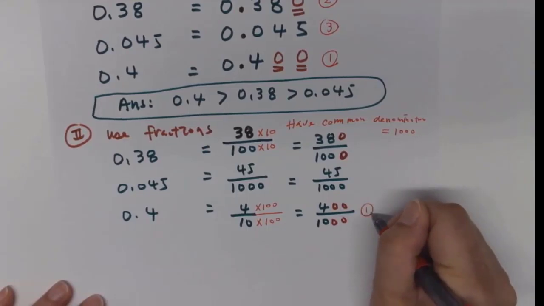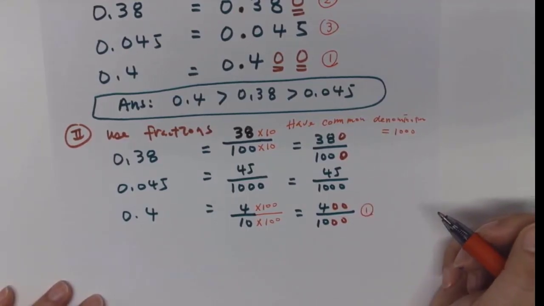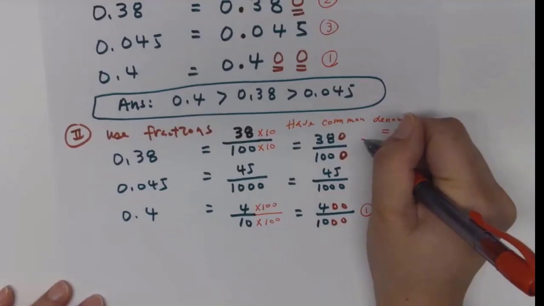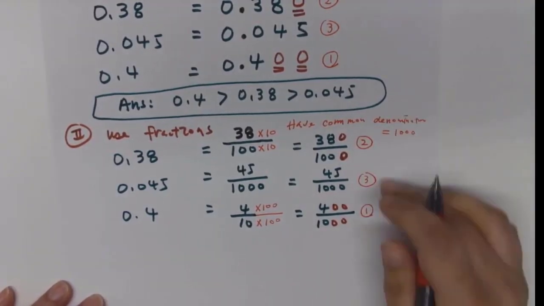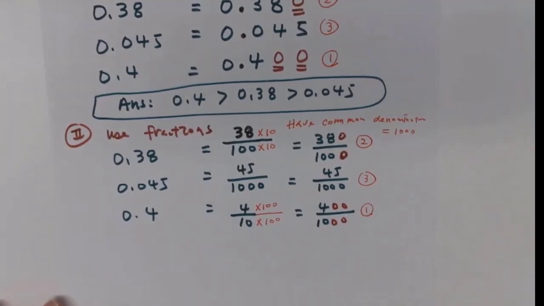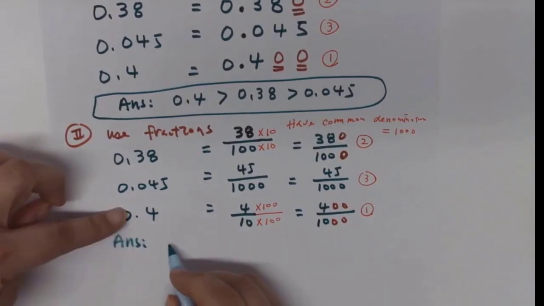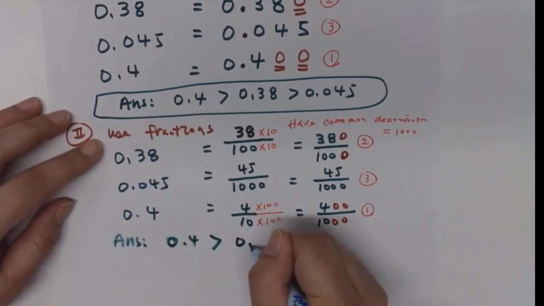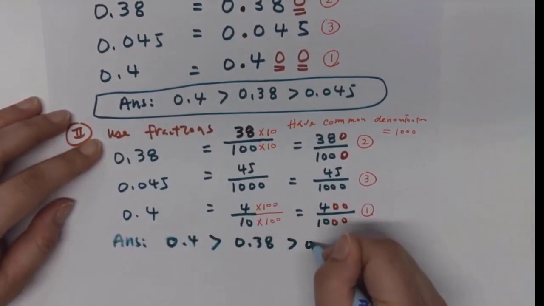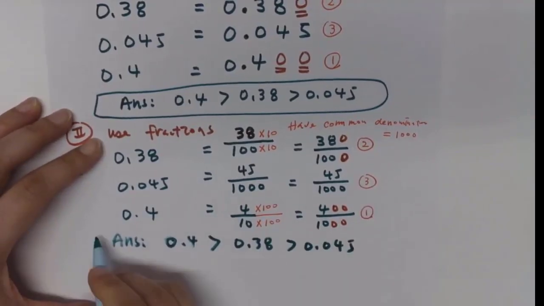The 400 one, right? The next one would be 380 out of 1000. The last one would be 45 out of 1000. So I label them to the orders, then I can just write the final answer. The final answer for this one will be 0.4, 0.38 greater than 0.045. Okay?